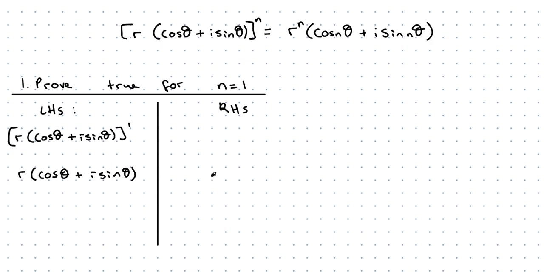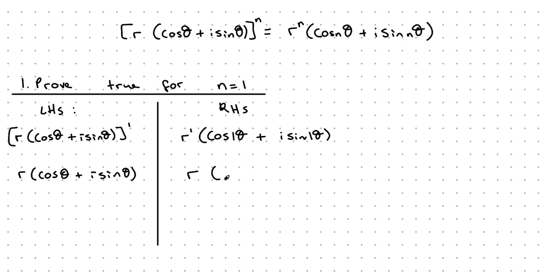For the right-hand side, we have to fill in 1 for n. So we're going to have r to the power of 1, cos of 1 theta plus i sine of 1 theta. r to the power of 1 is just r.